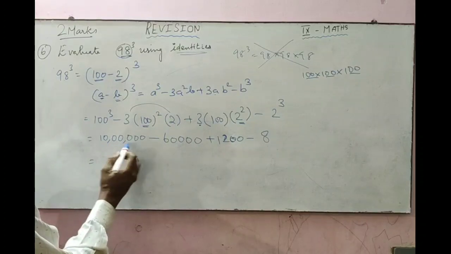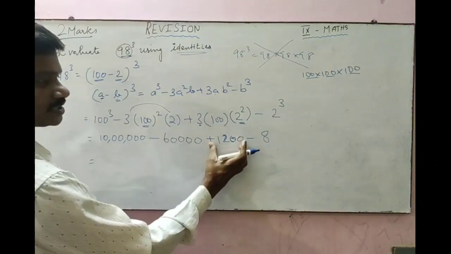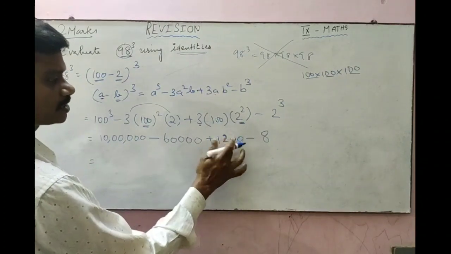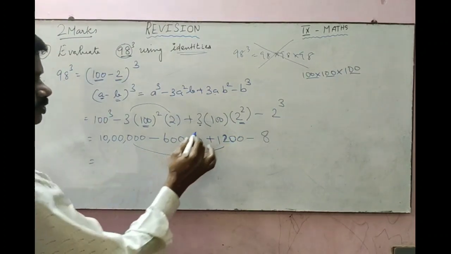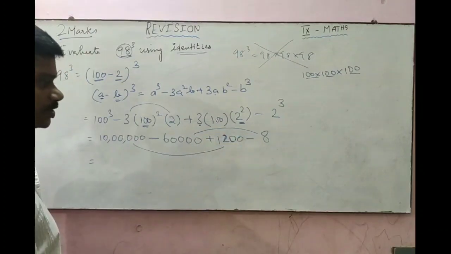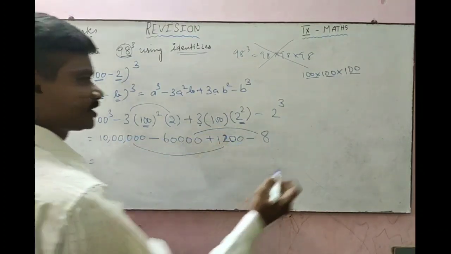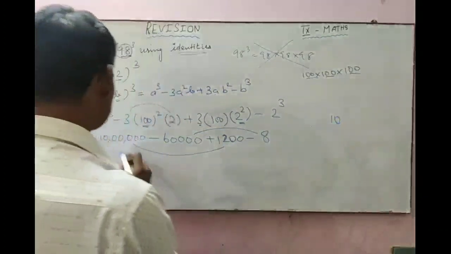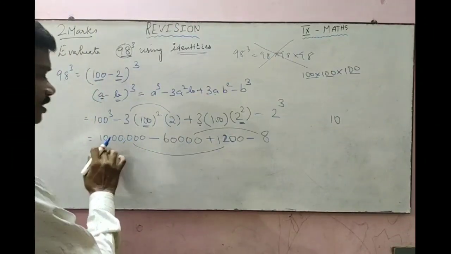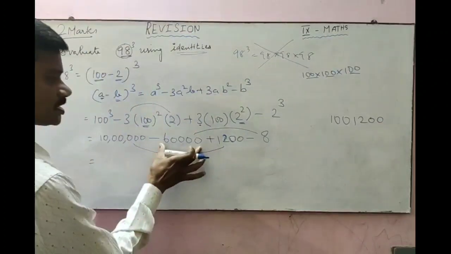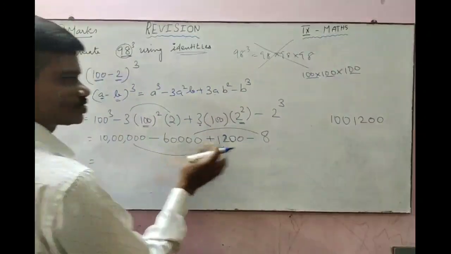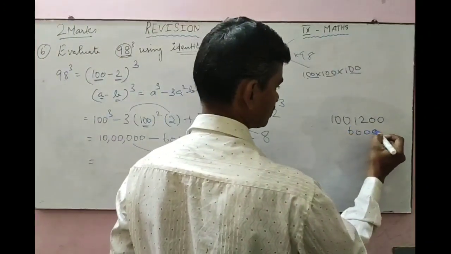The first term is 10 lakh, which is positive, and the third term is 1200. Here also it is positive. Here you have to add those two positive values and those two negative values. If you add these two, you will get 1,001,200. 60,000 plus 8, if you add these two, you will get 60,008.